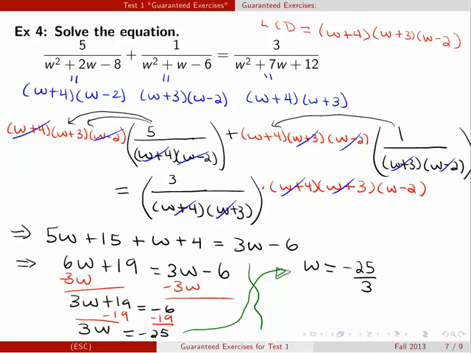In this case, we can check that the only values of w that will make the denominator undefined are basically in the LCD, so the values of w that we don't want are -4, -3, and 2. And because our solution here on the bottom is none of those, then we can actually keep this. So our final solution is -25 over 3.